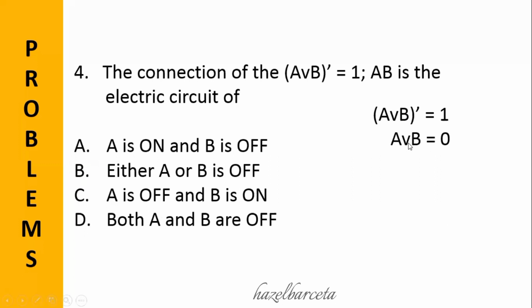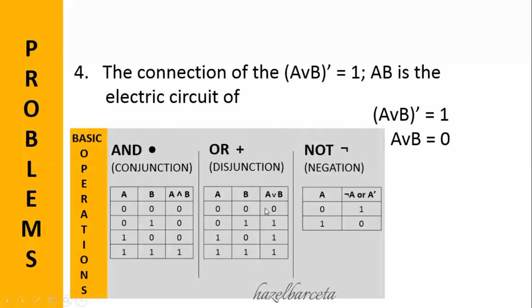Then, we have the or. Parang kanina lang po, nagkakaroon po tayo ng output na 0 kapag ang ating input ay parehong 0. Therefore, A is equal to 0 and B is equal to 0 for us to have an output of 0. Since we are dealing with electric circuit, ang 0 po ay off.